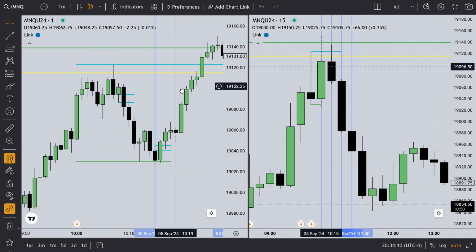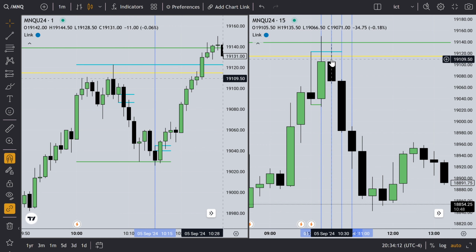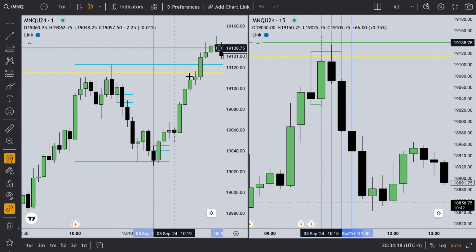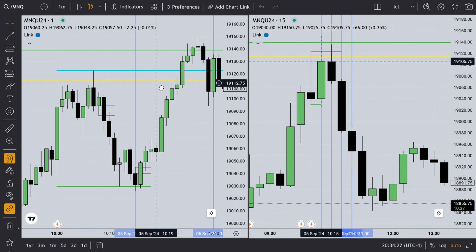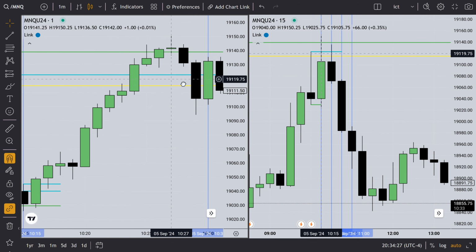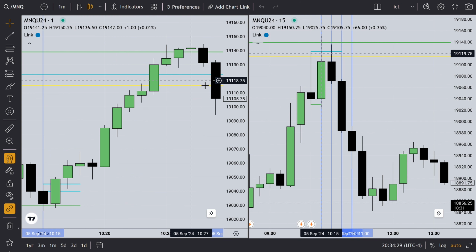Now, we're watching for respect of this bearish order block on the daily chart, and then this line also, which represents the low of the daily SIBI. Immediately we see this candle close below this PD array.